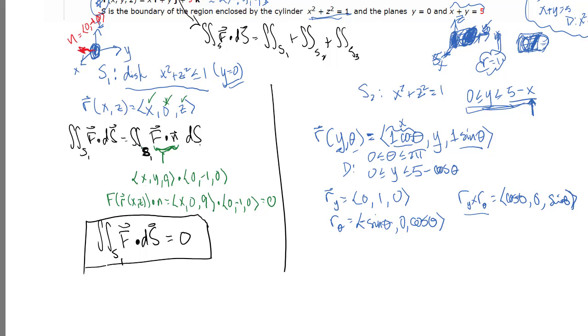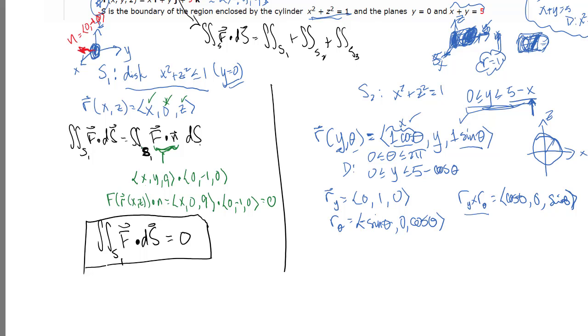Now I need to see if this is going to preserve the orientation. For that, I know my y is equal to 0, so I'm not going to worry about the y-axis. I'll just take a look at the x and the z-axis. And if I have a circle in x and the z-axis, which is what we have here, the cylinder is really just a circle.